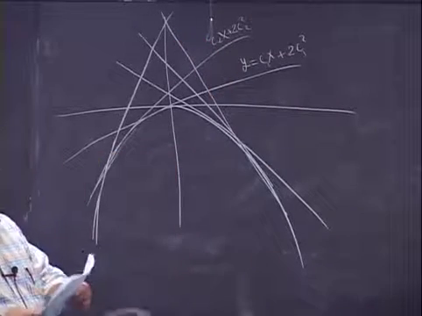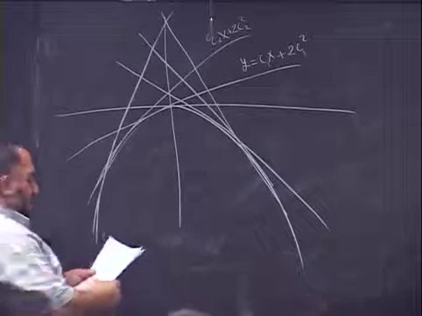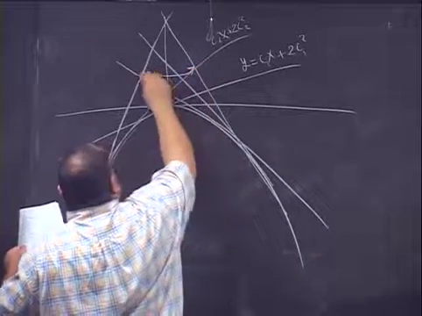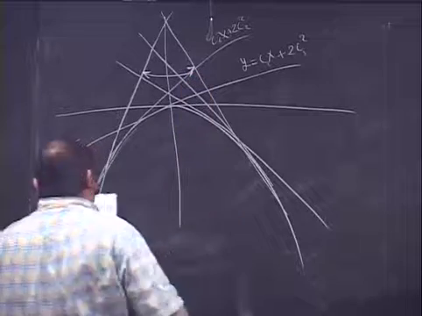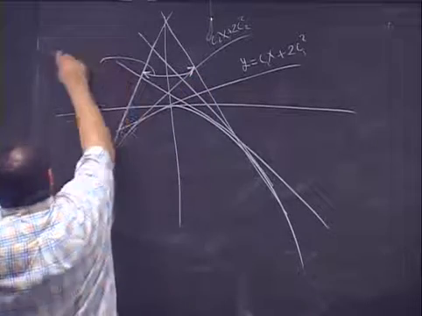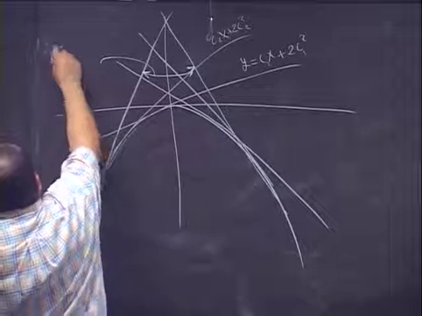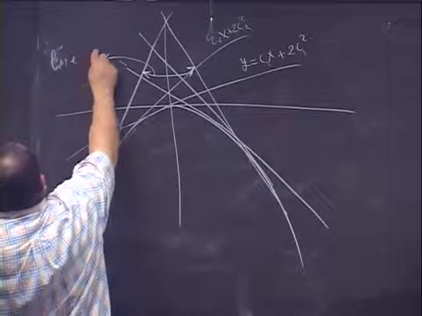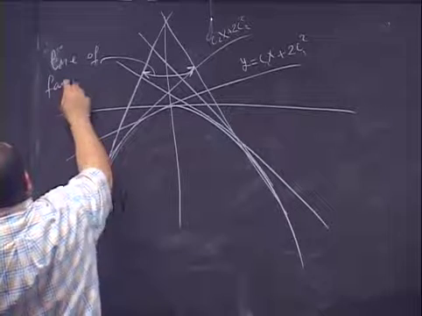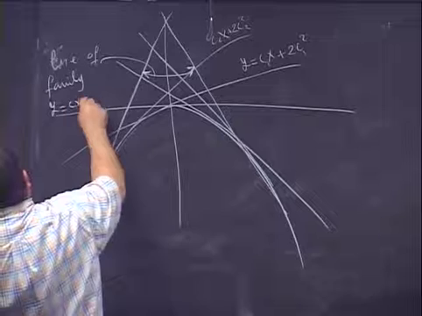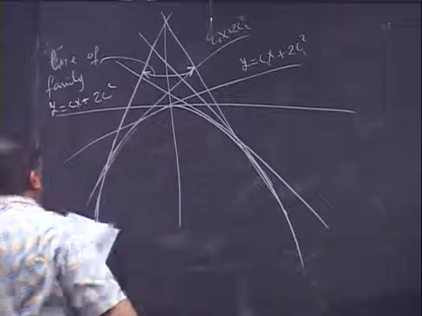And this span, we call it the family of lines y = cx + 2c².